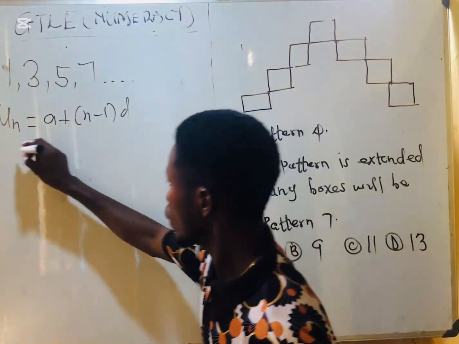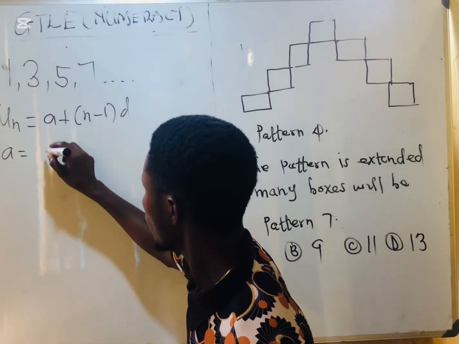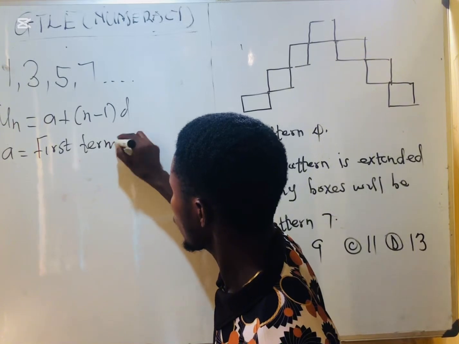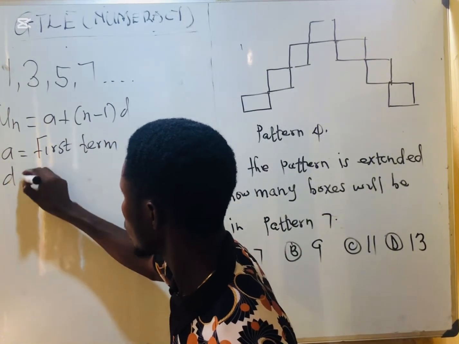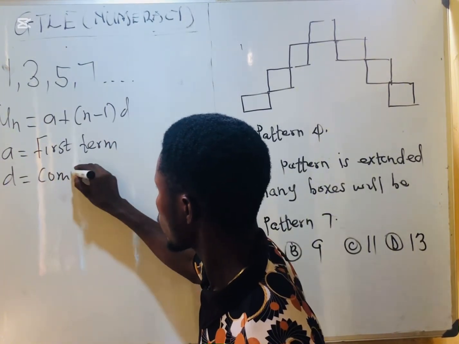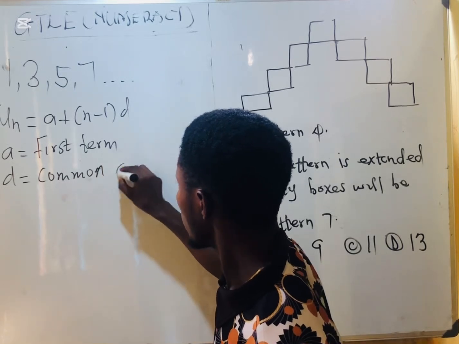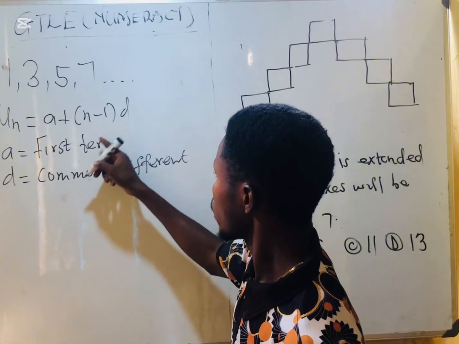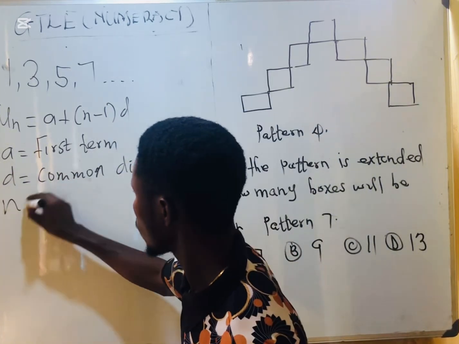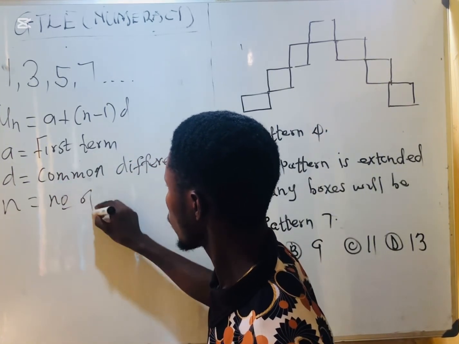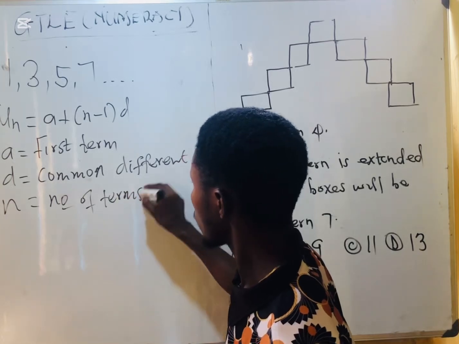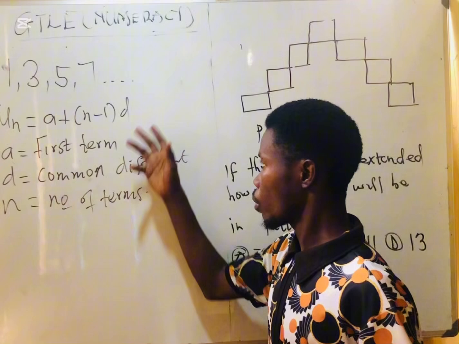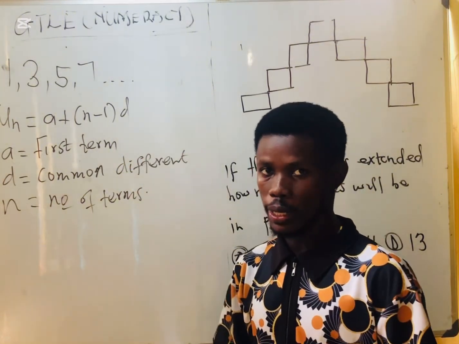With this formula, the a stands for the first term, the d stands for the common difference, and the n stands for the number of terms. So these are the meanings of the variables or the letters there.